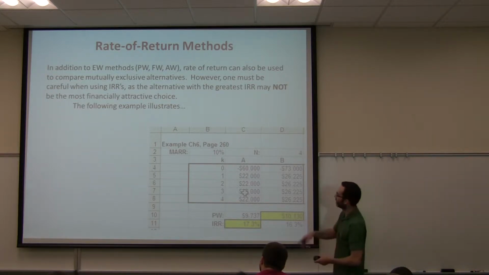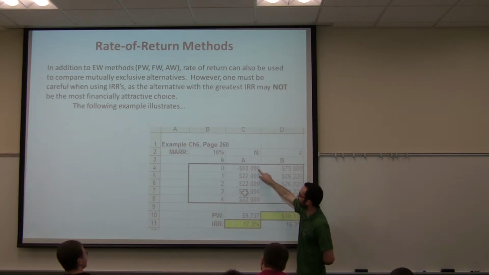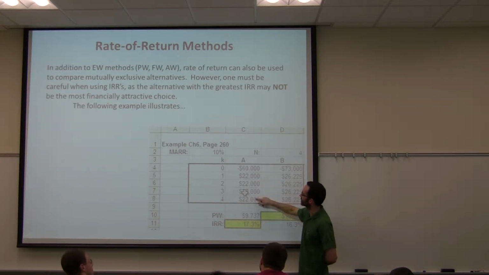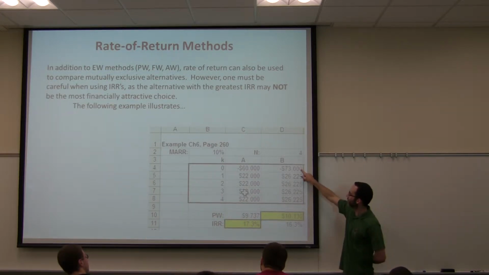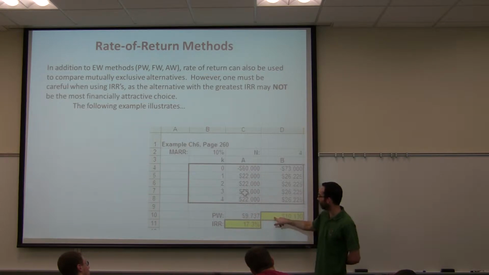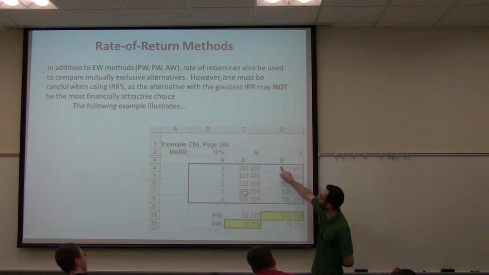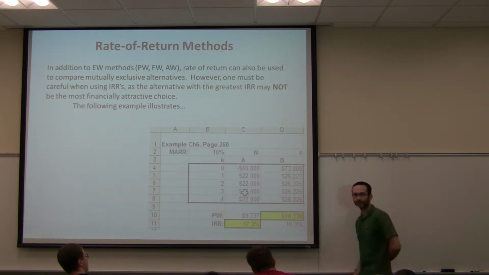So comparing option A and option B. Option A costs $60,000 and generates $22,000 for 4 years. Option B costs $73,000 and then generates $26,225 for 4 years. If you do the present worth analysis, you see that there's more present worth for option B when these cash flows are discounted at 10%.